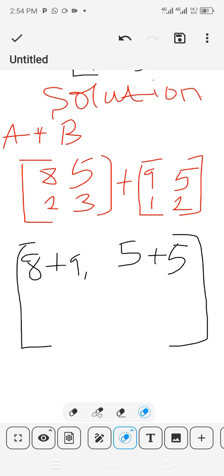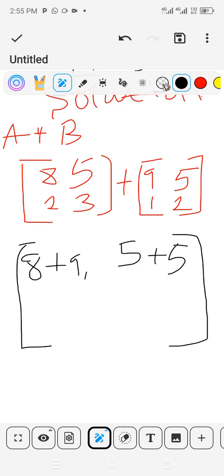Next, we come to the next row. We take the first number in the next row and add it to the first number of the other row. So we have 2 here. Since 2 is the first number here, we are adding it to the first number over there. That is 1.